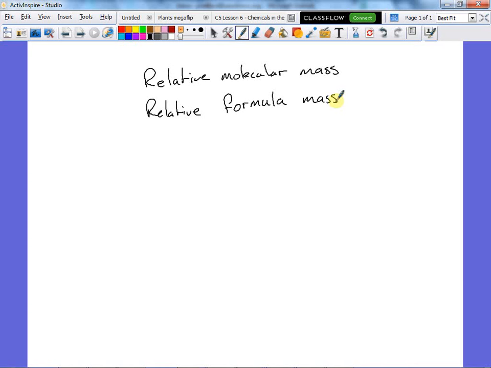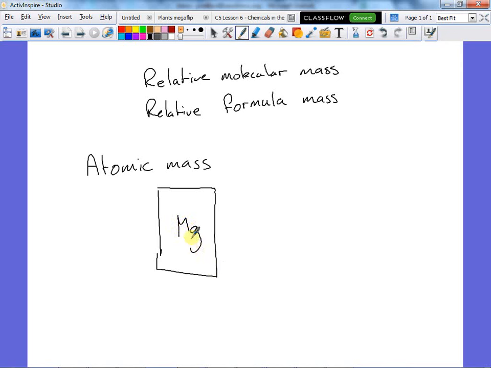But before we continue down this route, we really need to touch on atomic mass. So, atomic mass, then, you should remember, is found in the periodic table on the various numbers that you can find.